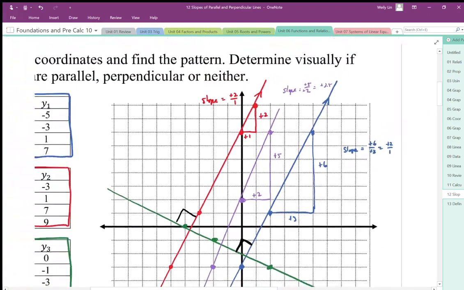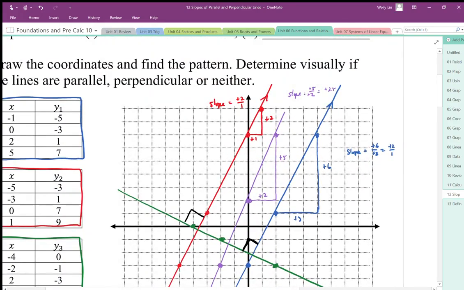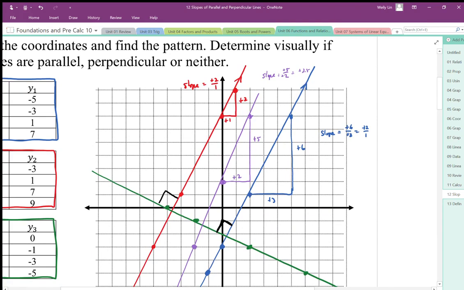So parallel lines are the same distance apart. If I count the squares along here, 1, 2, 3, 4, 5, between red and blue, 1, 2, 3, 4, 5, it's consistently 5 squares apart horizontally. We can count the same distance vertically. If I count the distance between the blue and the red vertically, it's 1, 2, 3, 4, 5, 6, 7, 8, 9, 10.